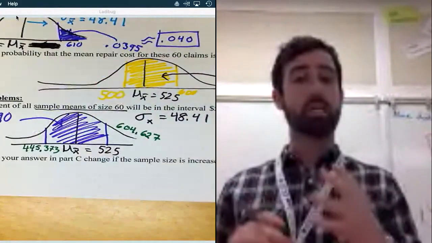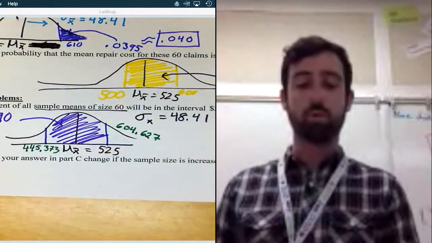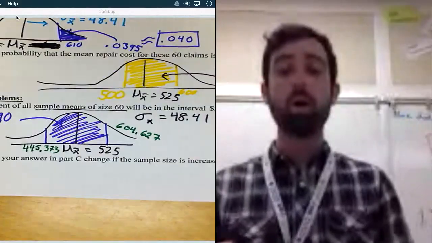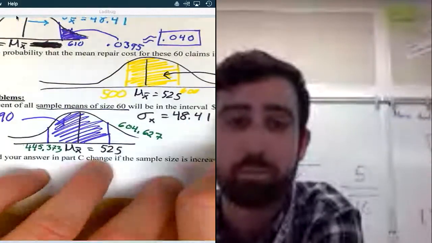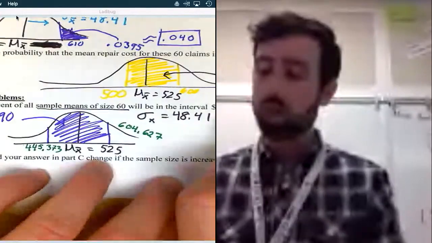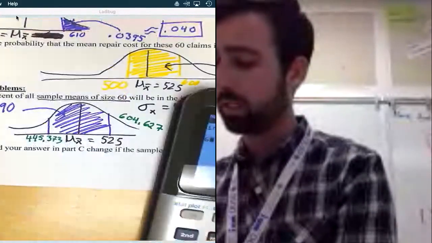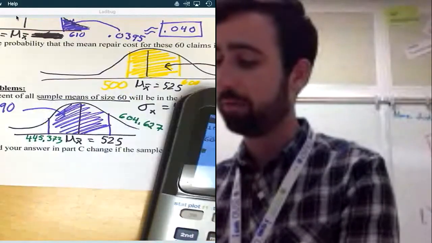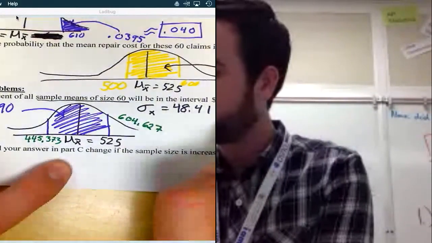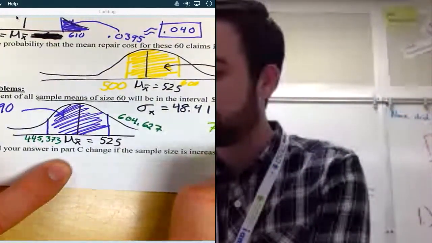Now remember, this is an AP problem, so it's not going to be as straightforward. We want to know, hey, what would you need to add to 525 to get that interval? So really all we're doing is taking 604.627 and subtracting 525 to get about 79.627.